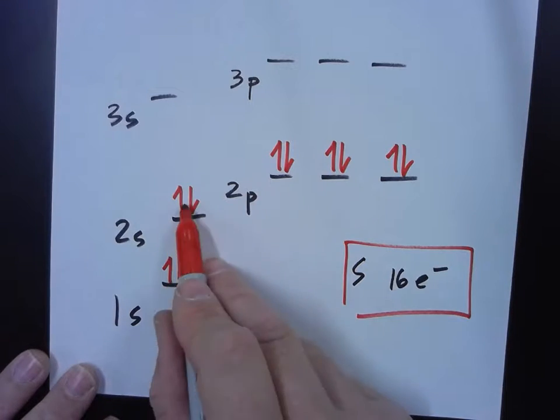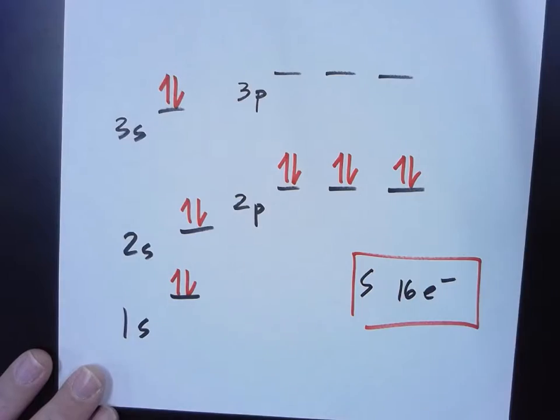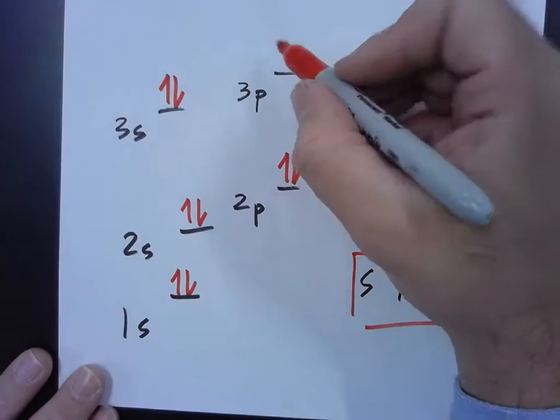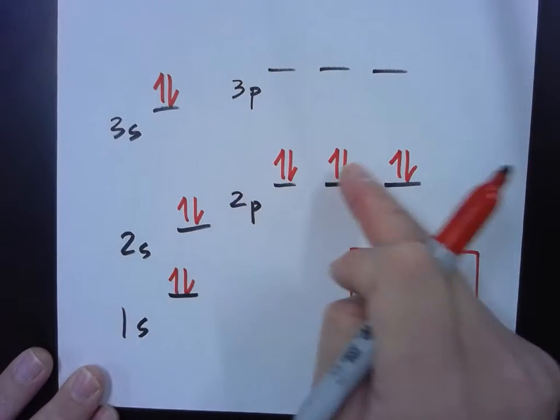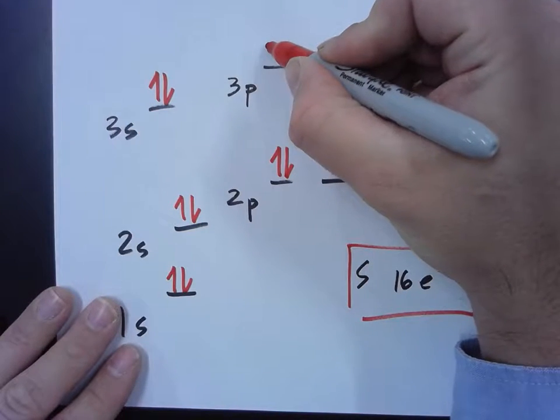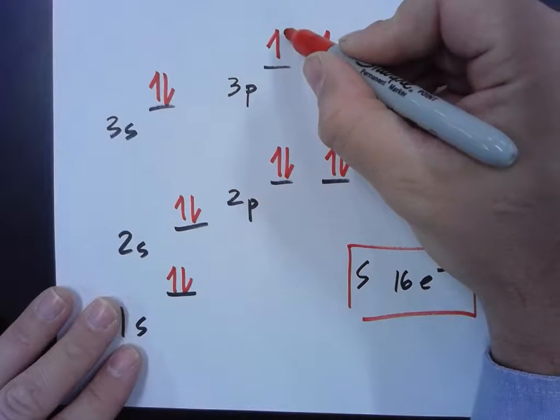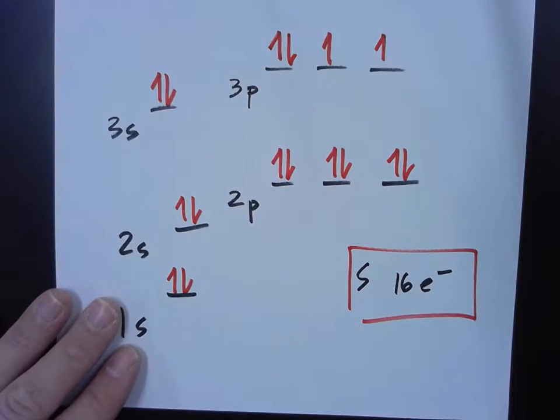Now we've got 2, 4, 6, 8, 10. We need 6 more. Well, those are just going to fill up. Now 2, 4, 6, 8, 10, 12. 4 more, right? So we go 1, 2, 3, 4, if I'm not mistaken. Let me look one more time.